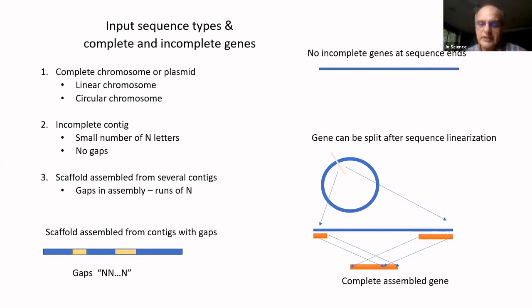The exact length of a gap is unknown. And sometimes even the orientation of the contig may be wrong when we are dealing with a draft assembly. So we need to know that gaps can interrupt a sequence, and they can interrupt a gene structure inside the sequence. So we can have incomplete, partial genes inside the draft scaffold assemblies.